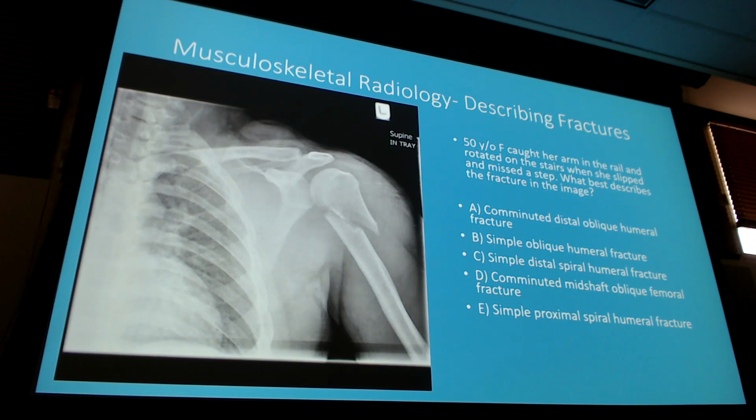But I'm not going to stop reading and click it. I'm going to make sure. So the next word is spiral. We have the mechanism of injury, but did you notice on the fracture that it was spiral as opposed to just oblique? Did you look at the depth primarily in this portion of the humerus up here?